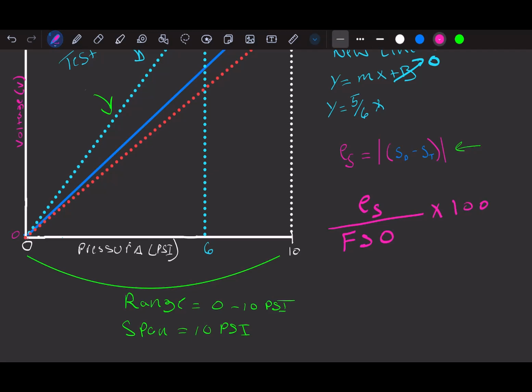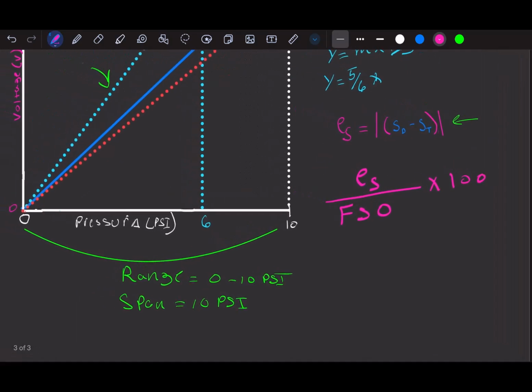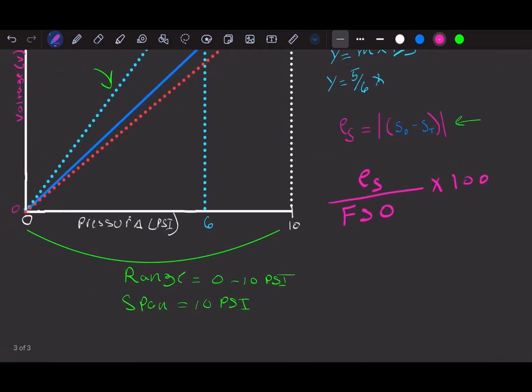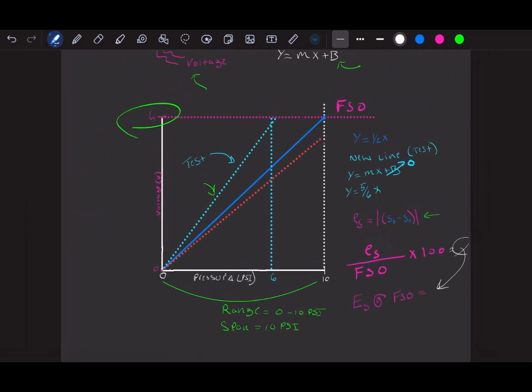The way we would normally write this, if we're just writing this for other people to know, is that we would have a sensitivity error at FSO equal to, and we would bring this percentage value down, and that is our sensitivity error at full-scale output. Again, this is expressed as a percentage.